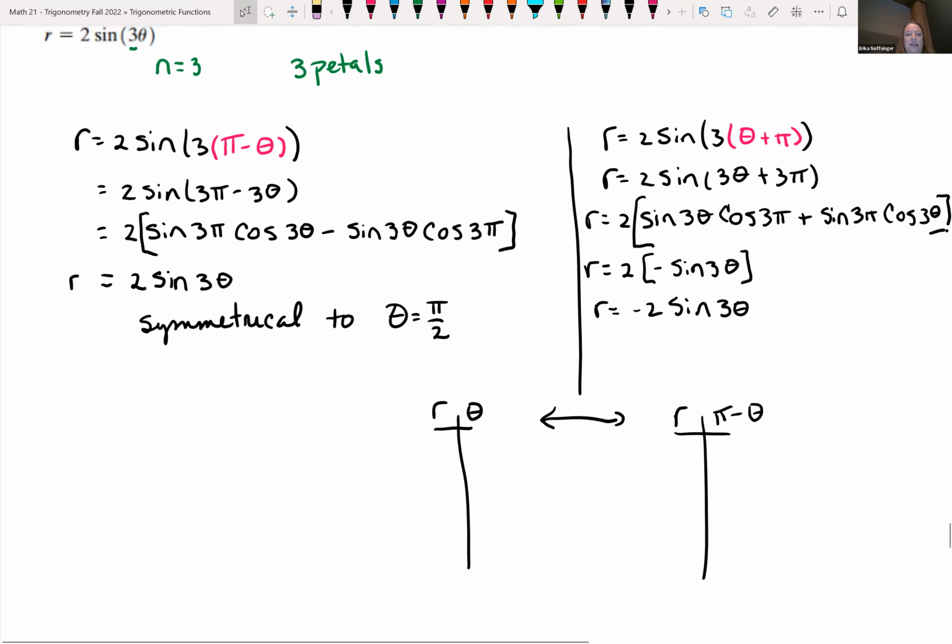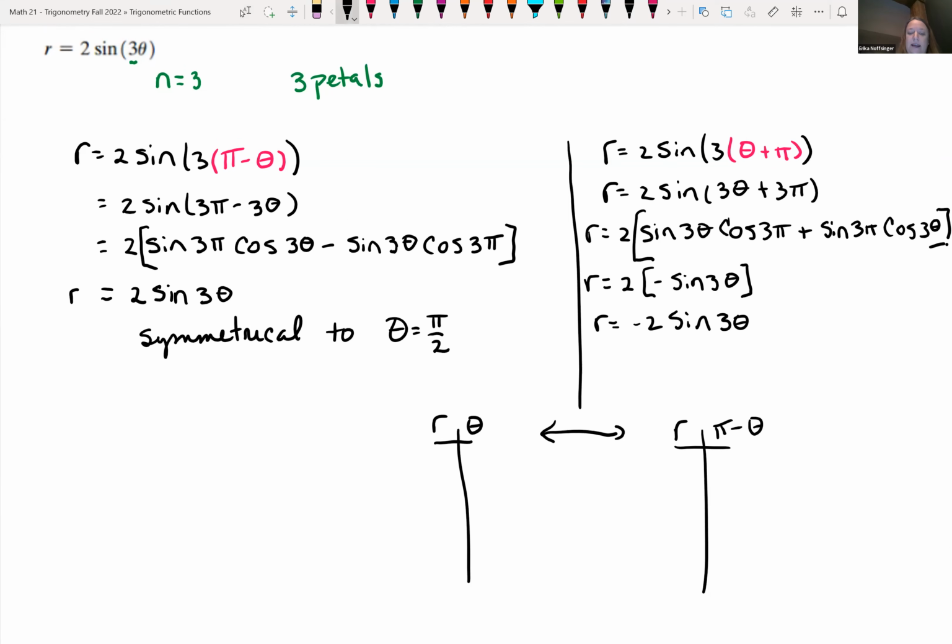So let's start plugging in some values for theta. So let's say when theta is 0, we get r is equal to 2 times sine of 0, which is 0. So we have a point on our pole. Let's think about putting in points that we would know.